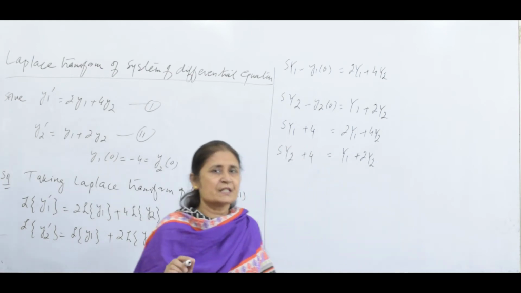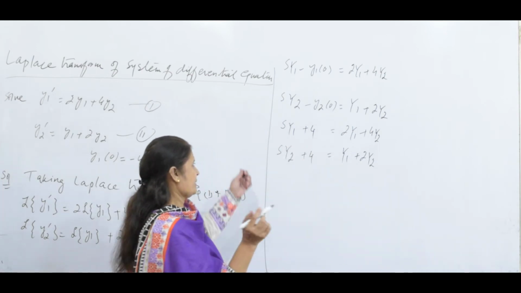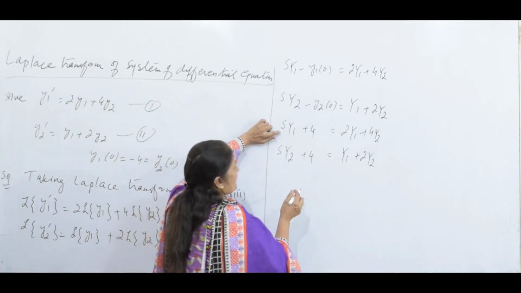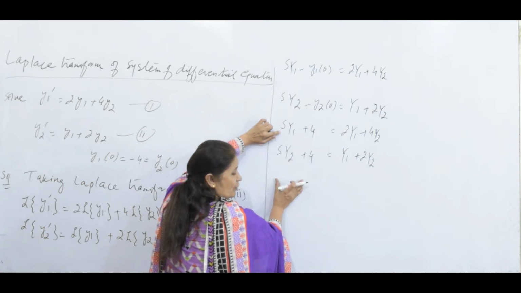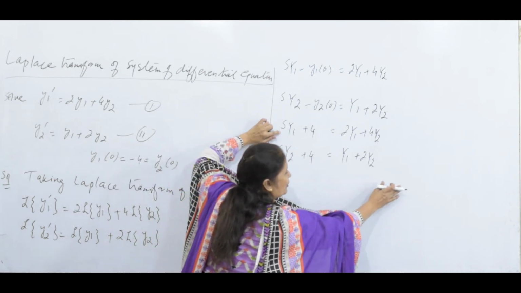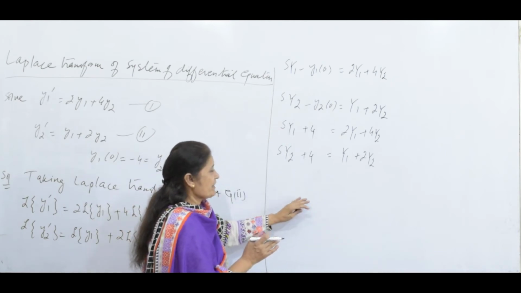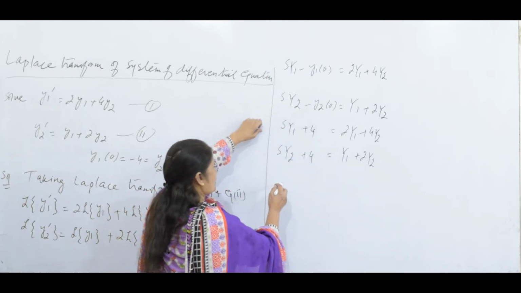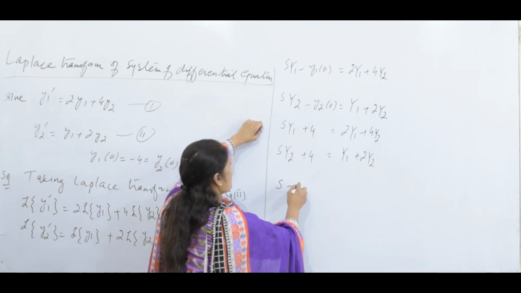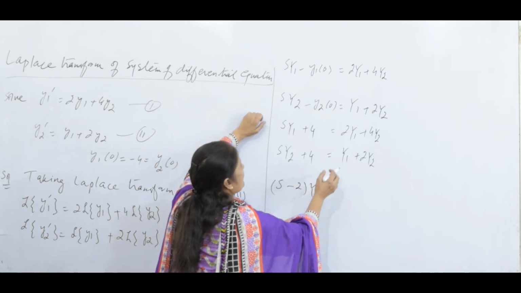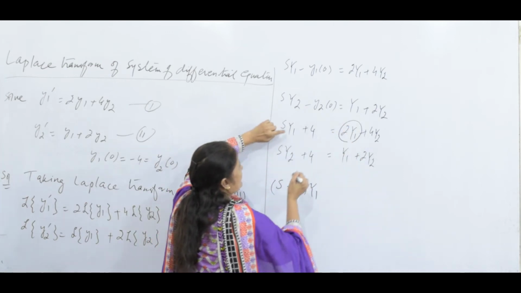So to solve the system, it is good to use Cramer's rule. Let me have Y1 first of all, I'll write, then Y2, then a constant. Similarly for the second equation, I'll write Y1, then Y2, then constant. So s minus 2 Y1, this Y1 I am taking here.